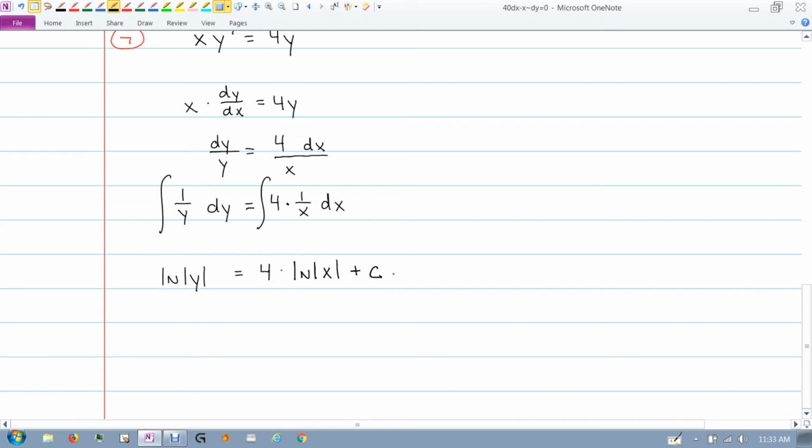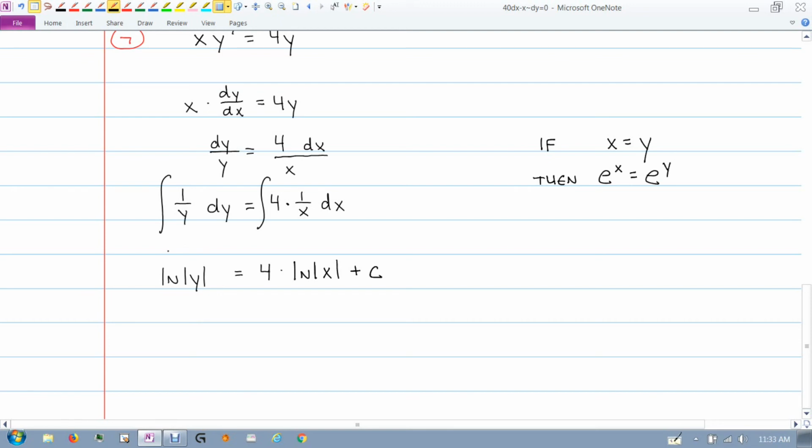And now what we want to do is try and solve for y. So using the property of exponents, that if x equals y, if we have an equality, then e raised to the x equals e raised to the y.